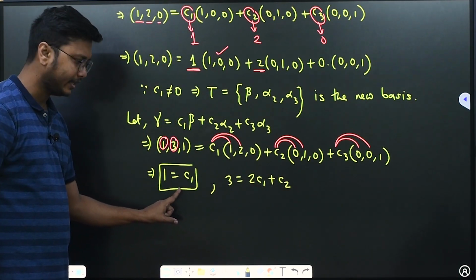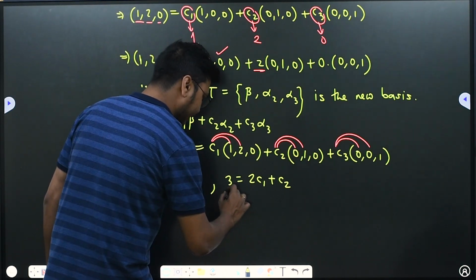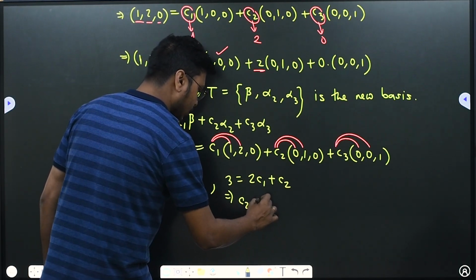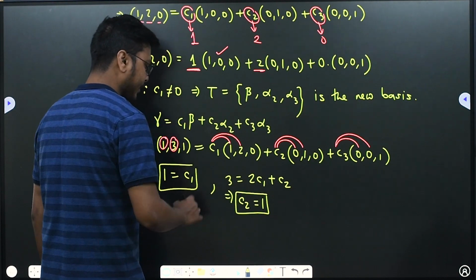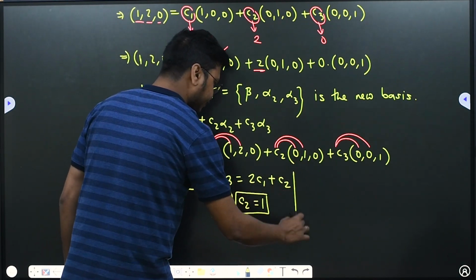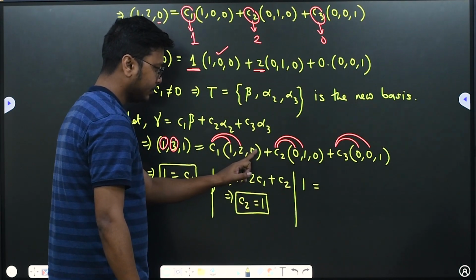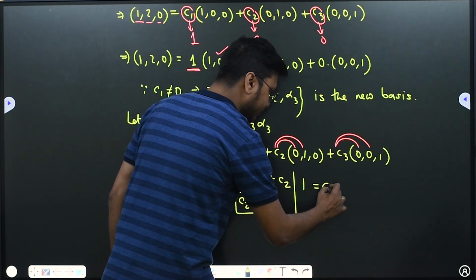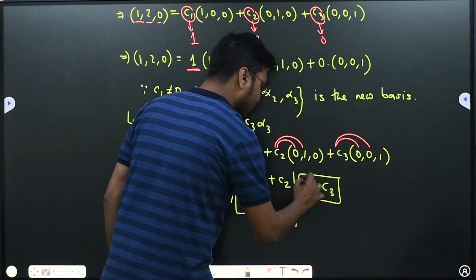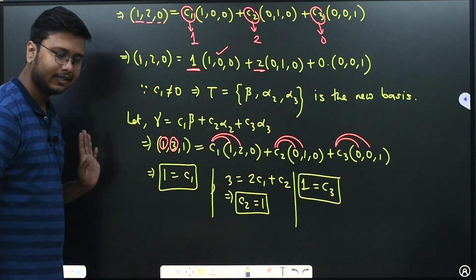C1 value I have already got as 1, so if I put that, I get C2 equals 1. Then for the last one, 1 equals 0 times C1, 0 times C2, and simply C3. So I have got the values of C1, C2 and C3.